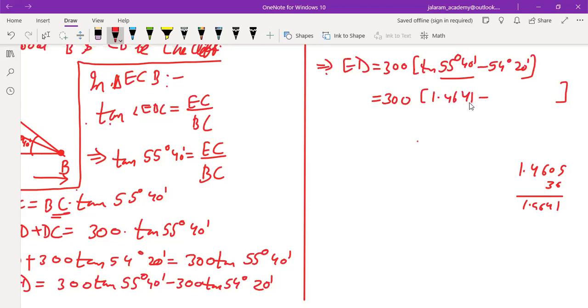Minus. Now check for 54 degree 20 minutes with the same method. And what do you get? 54 degree 20 minutes, it will be 1.3848 plus the mean difference, 1.3933.